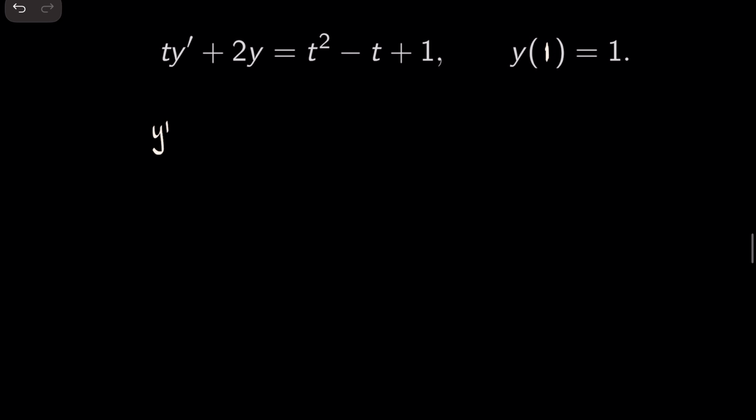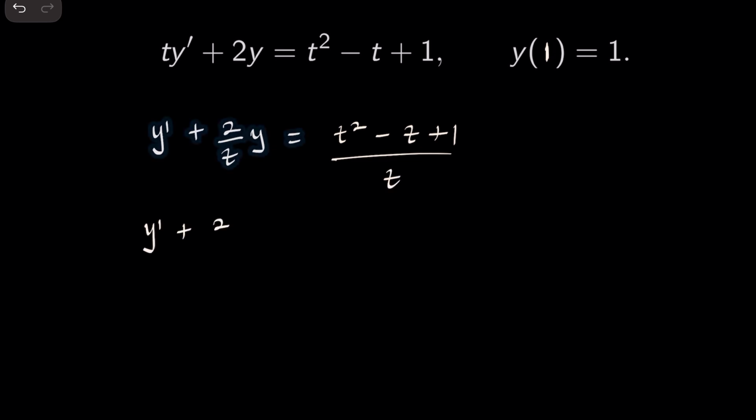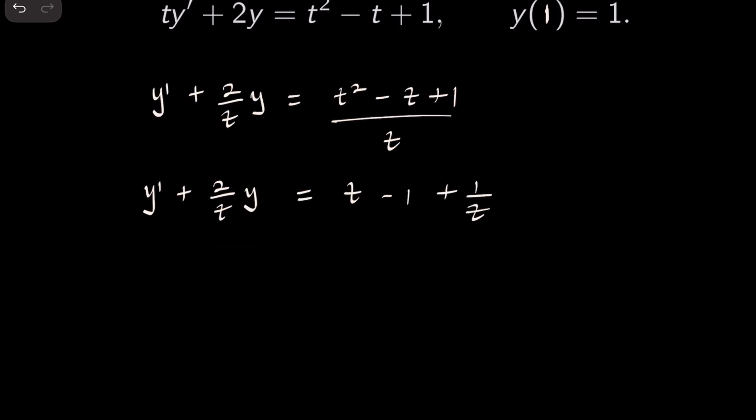Thus we are going to have y prime plus 2 on t y is equal to t squared minus t plus 1, all divided by t, and so we are going to have y prime plus 2 on t y is equal to t minus 1 plus 1 on t.